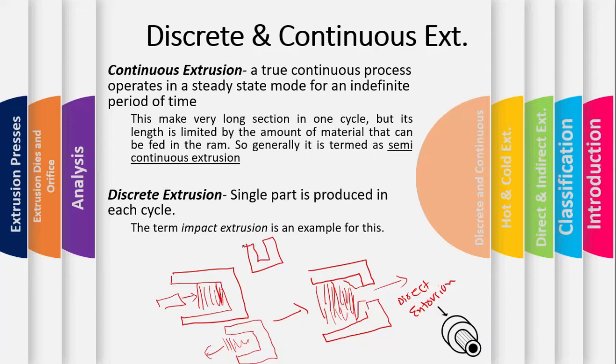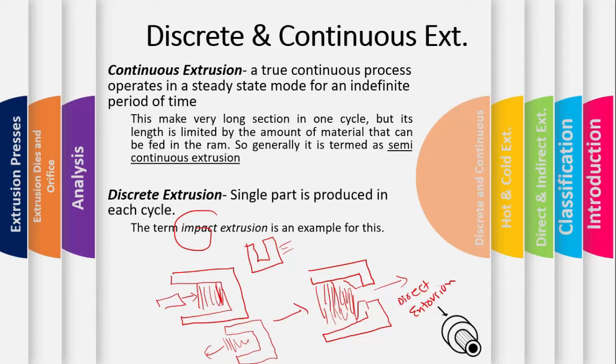So in the case of the discrete extrusion, we make small, individual parts, and the force exerted is not of uniform nature, that is, we are not gradually applying the pressure, rather it is impact in nature. When we were discussing the forging operation, we discussed what the impact load is, when we apply the force for a very short period of time.